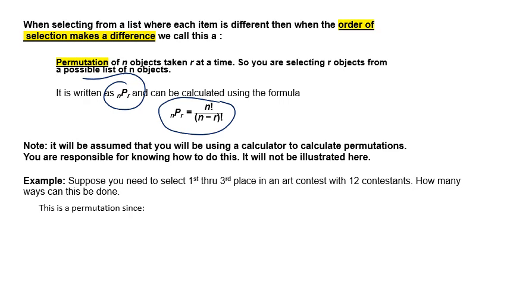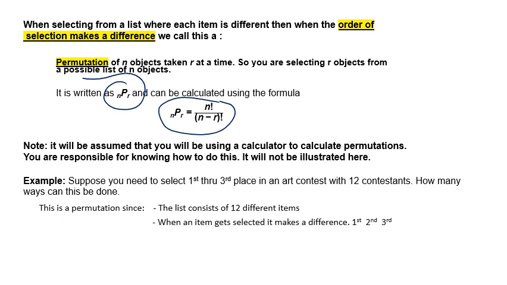This is a permutation since the list consists of 12 different items. There are 12 contestants. When an item gets selected, it makes a difference. First, second, third. So when you get picked, you're either first, second, or third. So when you get picked does make a difference.